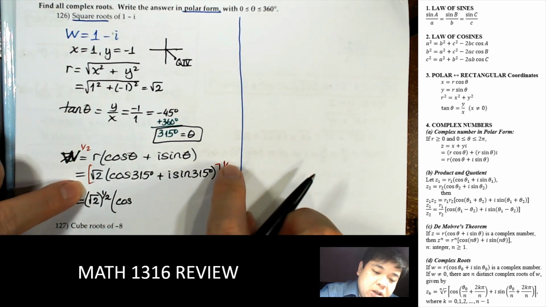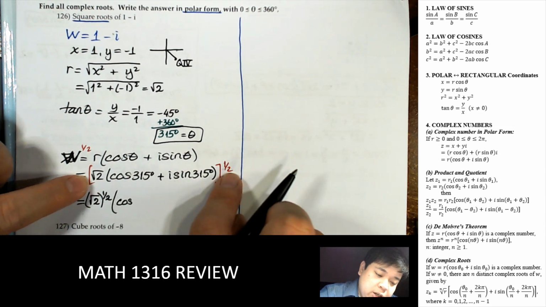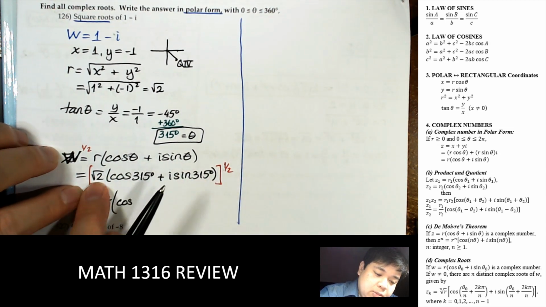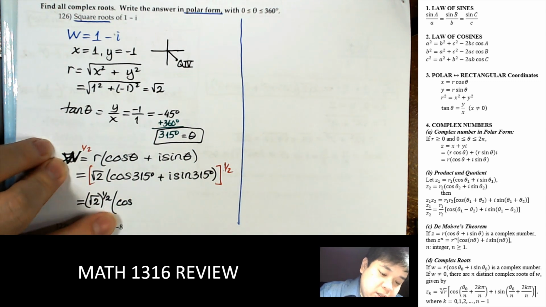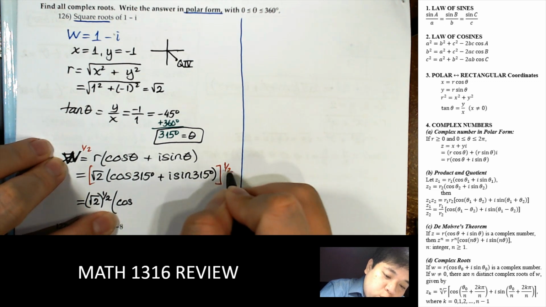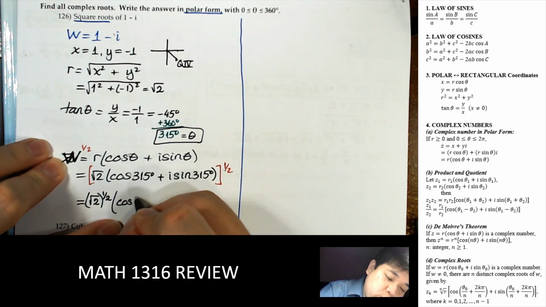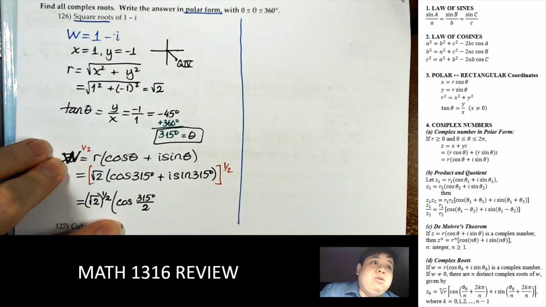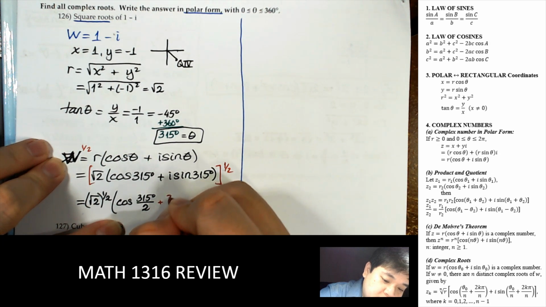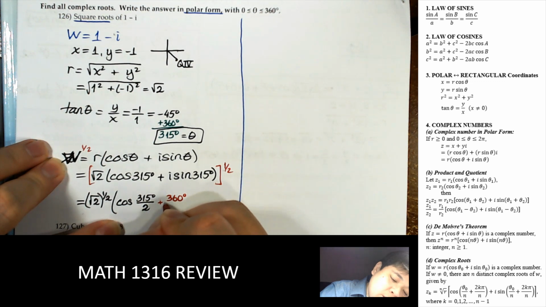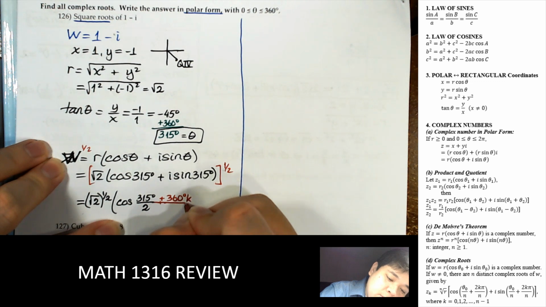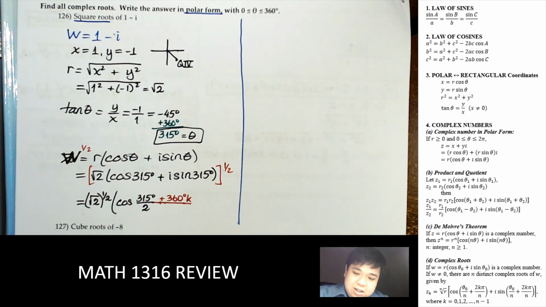Remember the exponent is multiplied, that will be the power of the modulus, or the radius, and then here we just multiply the angle by 1/2, or divide by 2. Don't forget we have to add the multiple of 360.